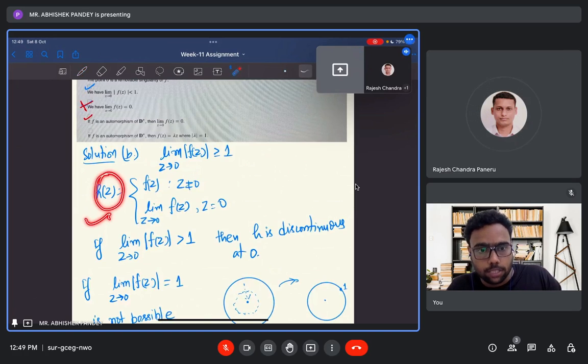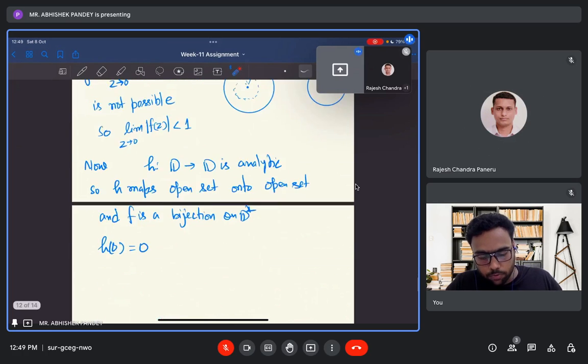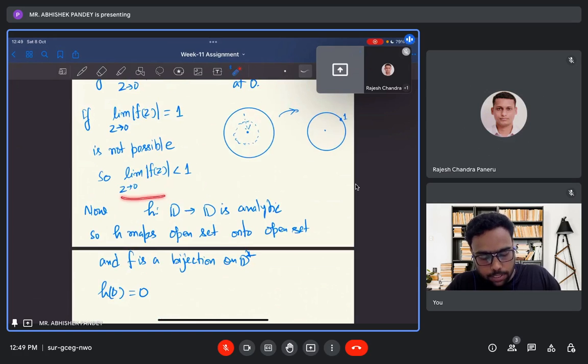Yes, sir. This h will be analytic on D. But we don't know whether the range of h lies in the unit disk or not. So that we have proved here. If this limit is less than 1, then h is analytic from D to D.